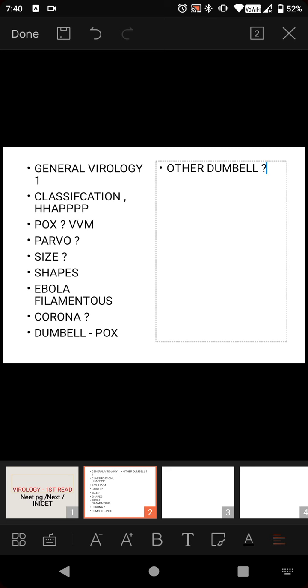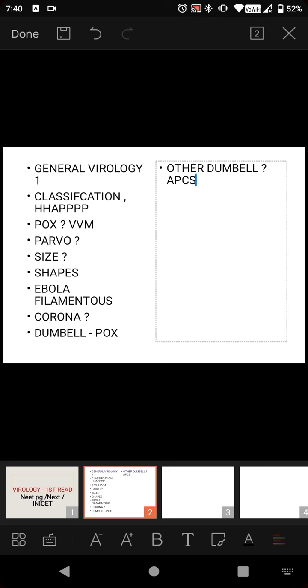These are very, very important. So the other dumbbell shaped ones: first asbestos bodies, then P for pox, C for calcium oxalate monohydrate crystals, and the last one is the schwannoma. APCS, so this is the mnemonic here.